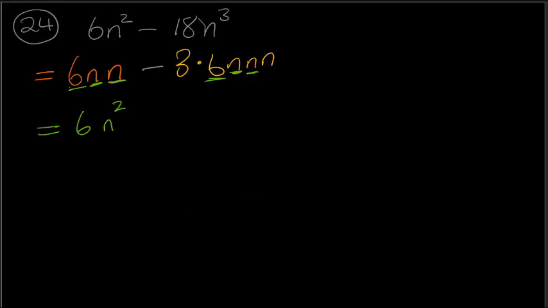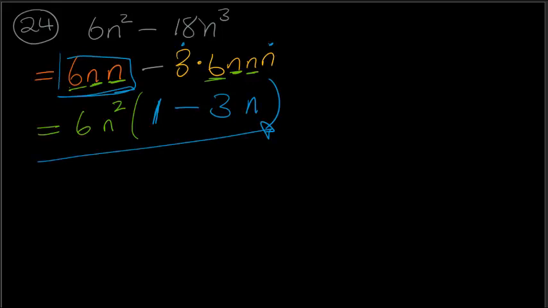So 6n squared. Open bracket. Remember, if everything is taken out, then what remains is 1 minus 3n. And that's my final answer.